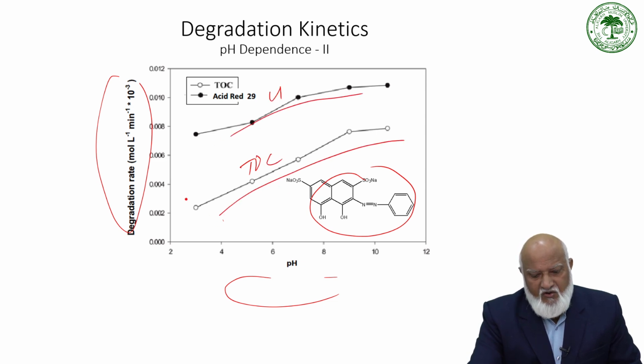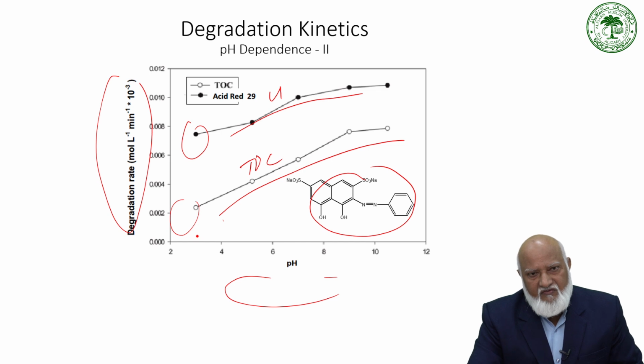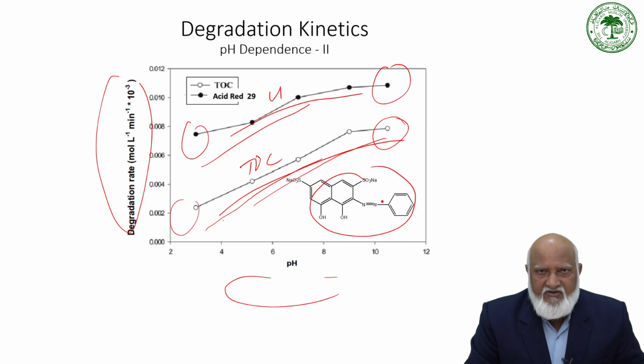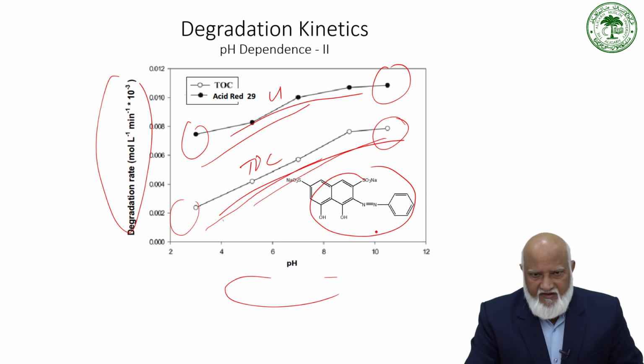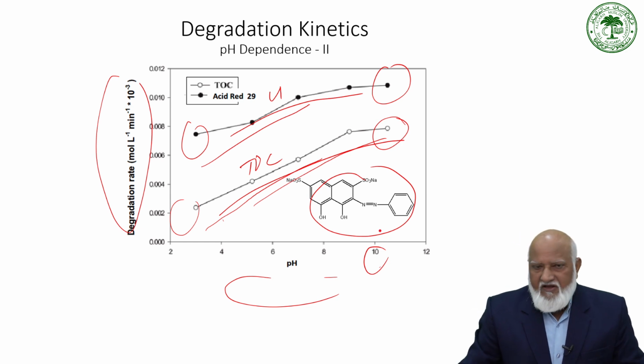You can see that the lowest degradation efficiency was observed at lower pH values, just a reversal of the earlier result, and the rate of mineralization as well as the rate of degradation both increase when we increase the pH, and the highest efficiency was observed when the pH of the reaction mixture was around 10.